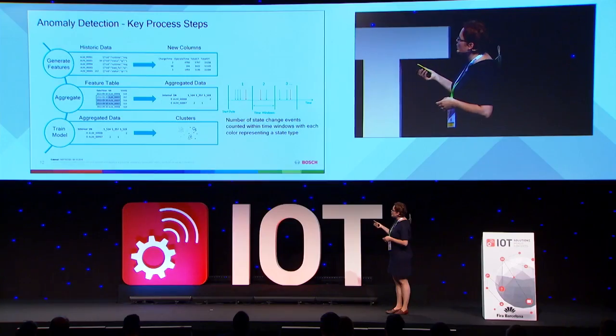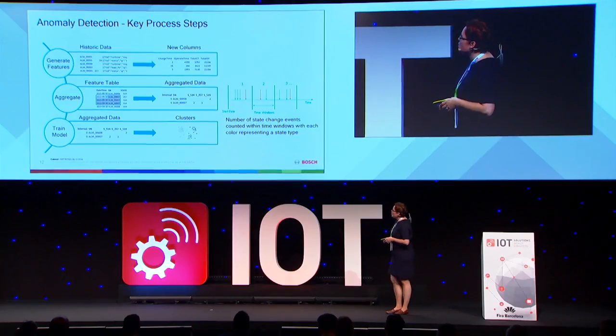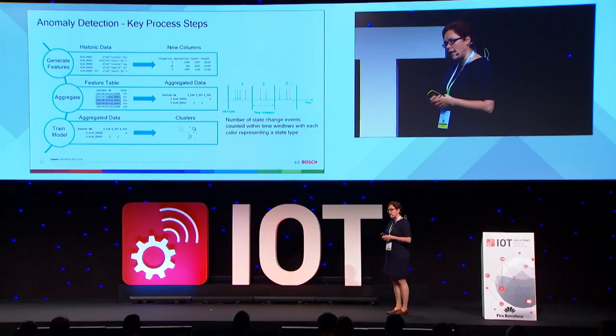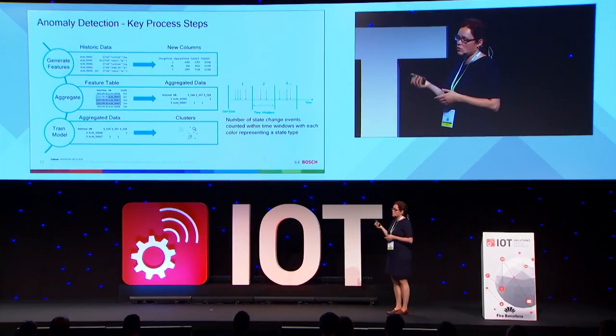So what we need to do is take a certain time window and aggregate all the events that were in this time window so that we have an equidistant feature set. And in this step, when you have this aggregated data, you can also enhance it and again add some semantics to this feature set.